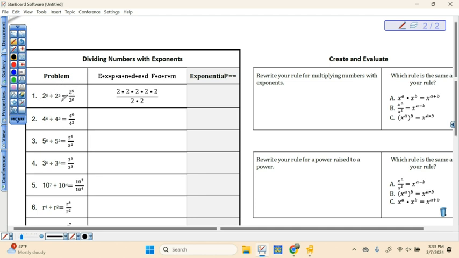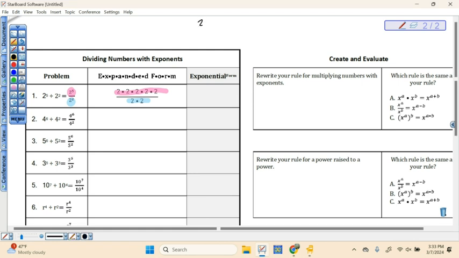So remember, division is just a fraction. So writing 2 to the 5th divided by 2 squared, you can write that as 2 to the 5th over 2 squared. And then when we expand it, my 2 to the 5th becomes 2 times 2 times 2 times 2, and my 2 squared becomes just 2 times 2.